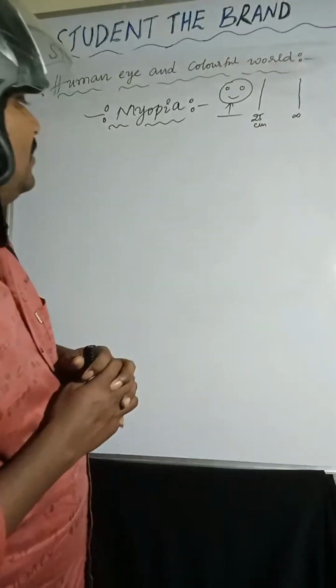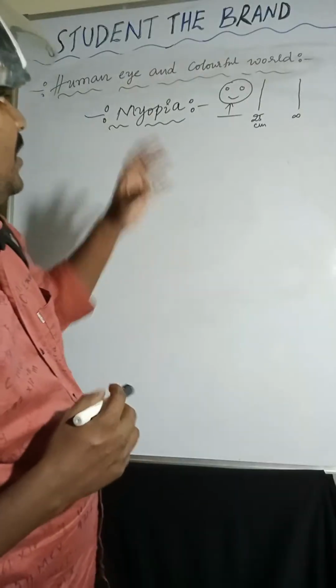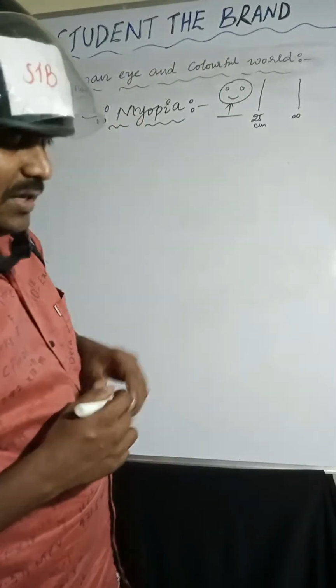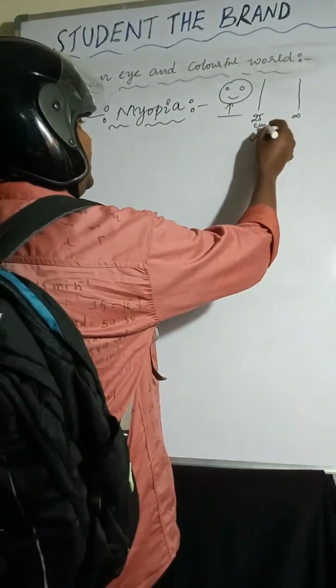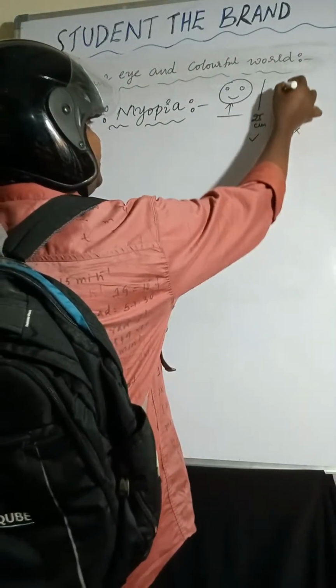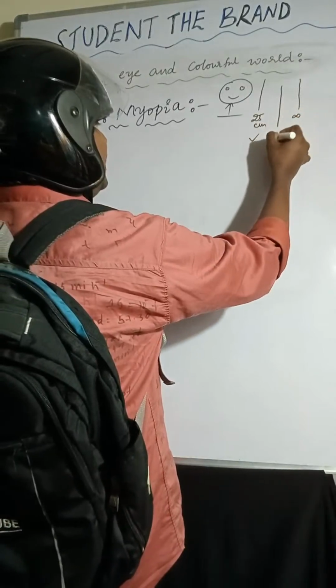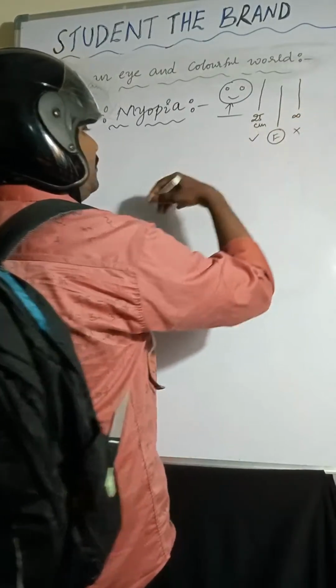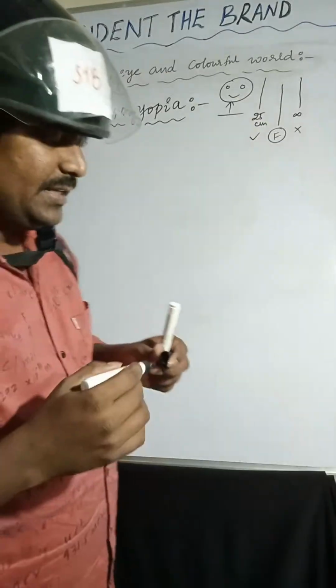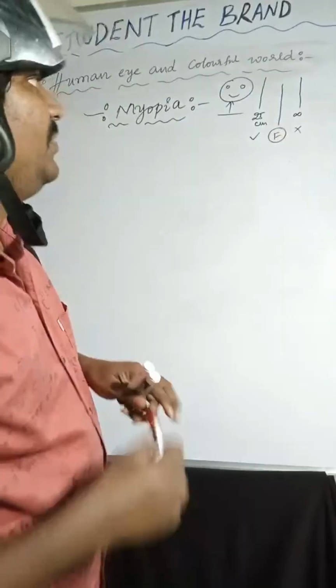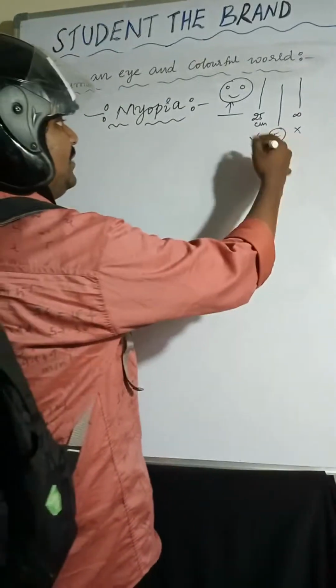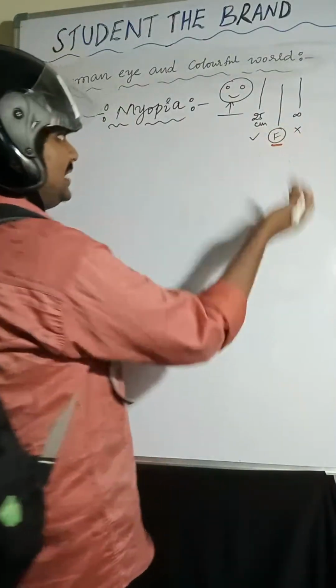Okay. Now you can see here, myopia. As I said, up to 25 centimeter you can see, but infinity you can't see. Somewhere between these points you can see. The far point of a myopic person is less than infinity.